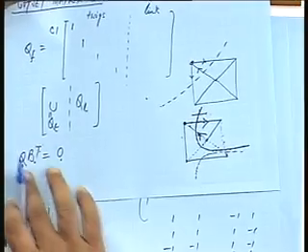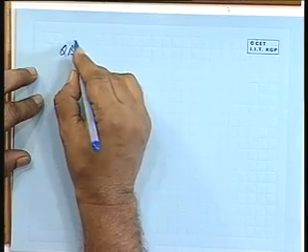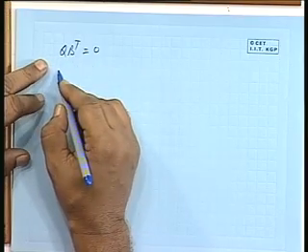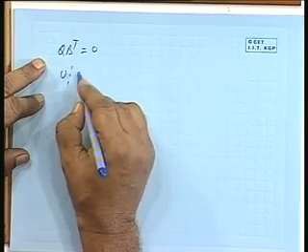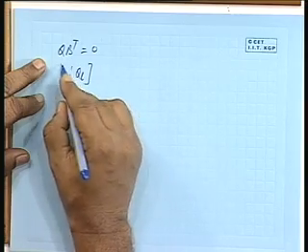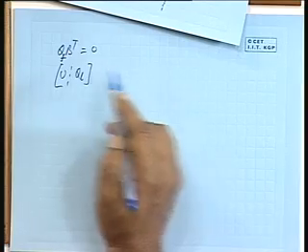Now let us expand this. Q into Bt equal to 0. What is Q? Q is U partitioned QL, is it not? We got Q, we will consider only QF. This is a general relation for any Q, okay.